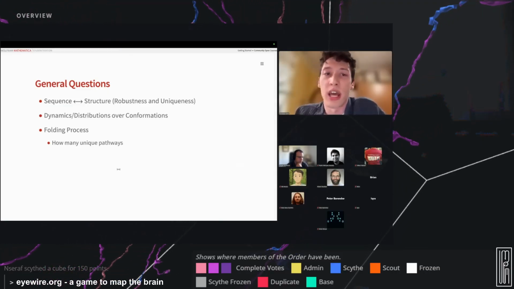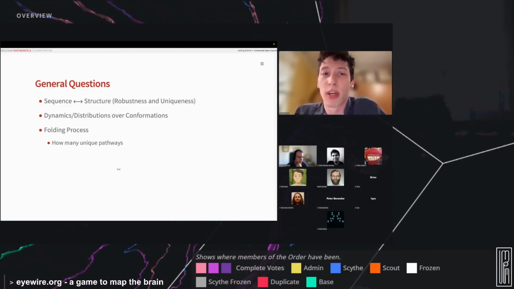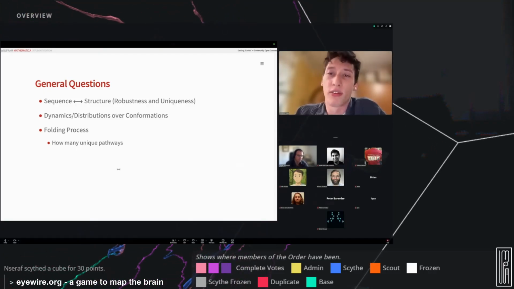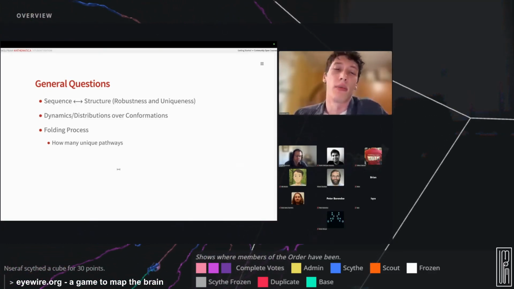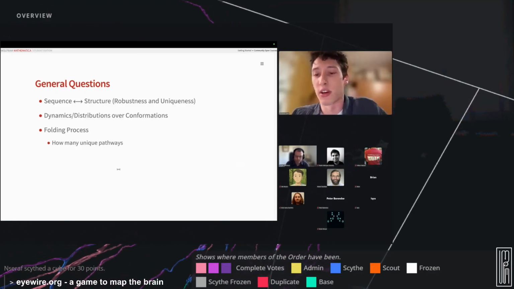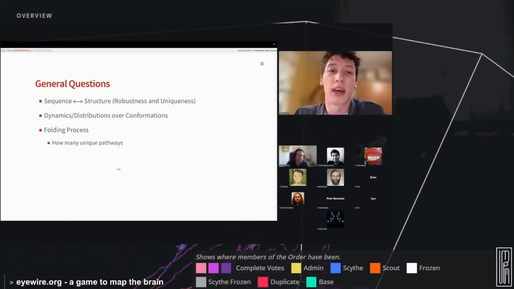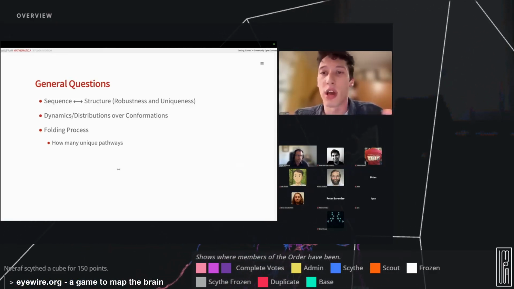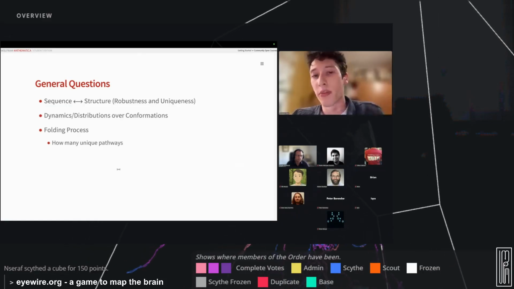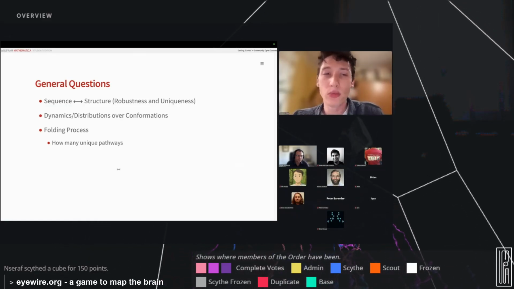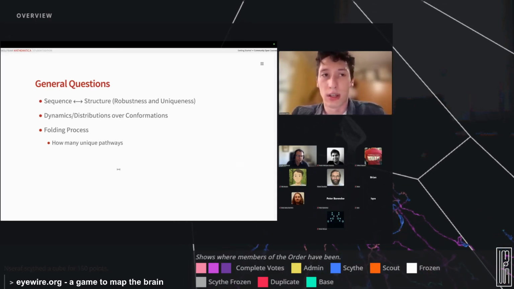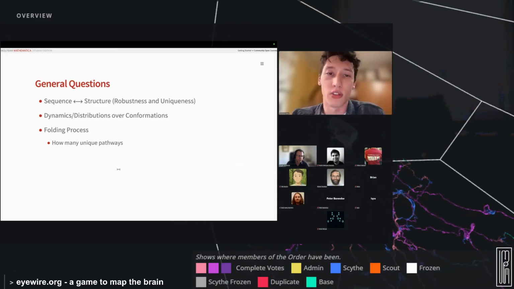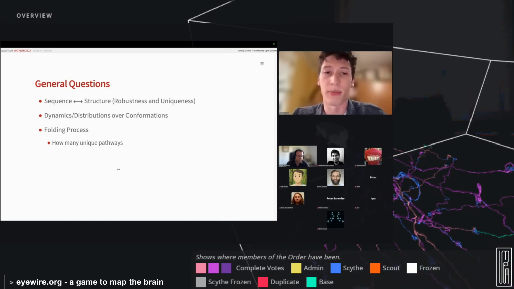There are still dynamics going on, but you assume if it folded there, then it will also stay there generally. But during the folding process, that's a lot more variable. And one of the questions would be how many unique pathways are there? Is it in general more like one pathway, or is it a lot of different things going on that converge into the same thing?